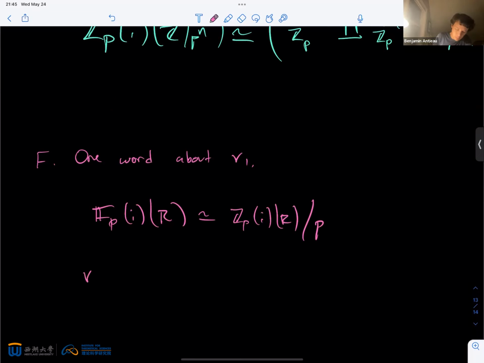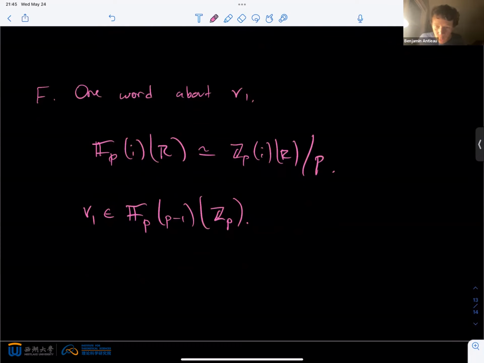And basically there's a special element v_1 in the weight p minus 1 mod p syntomic cohomology of Z_p. And this v_1 is super important. It's related to the v_1 that comes up in chromatic homotopy theory. So if you know what that is, great. If you don't, that's okay.